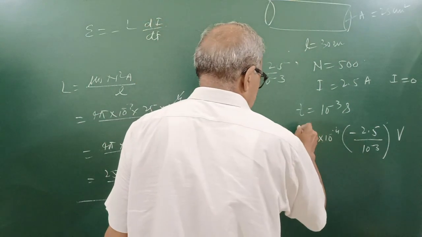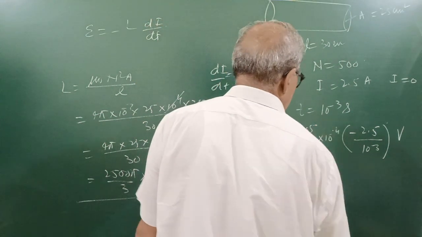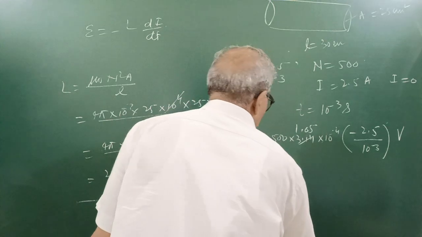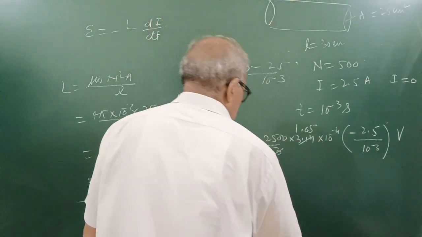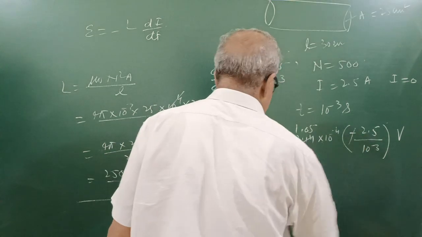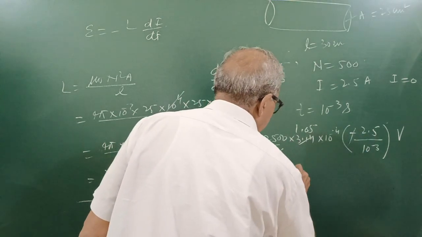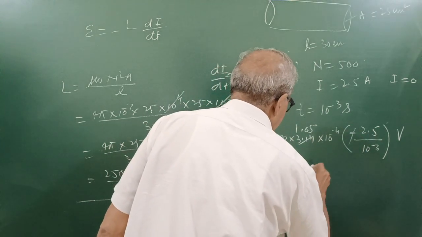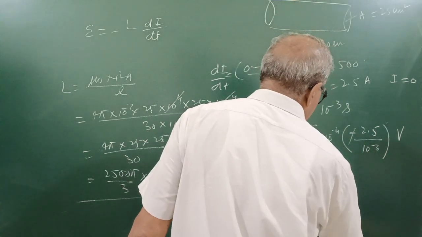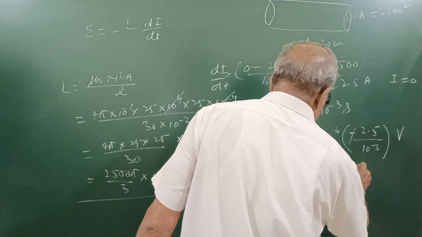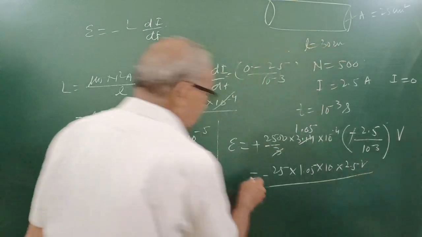It is nearly 1.05. So minus times minus will be plus. 25 into 1.05 into 10 to the power minus 2, and plus 3 leaves 10 to the power 1, into 2.5. This much volt will be the induced EMF.